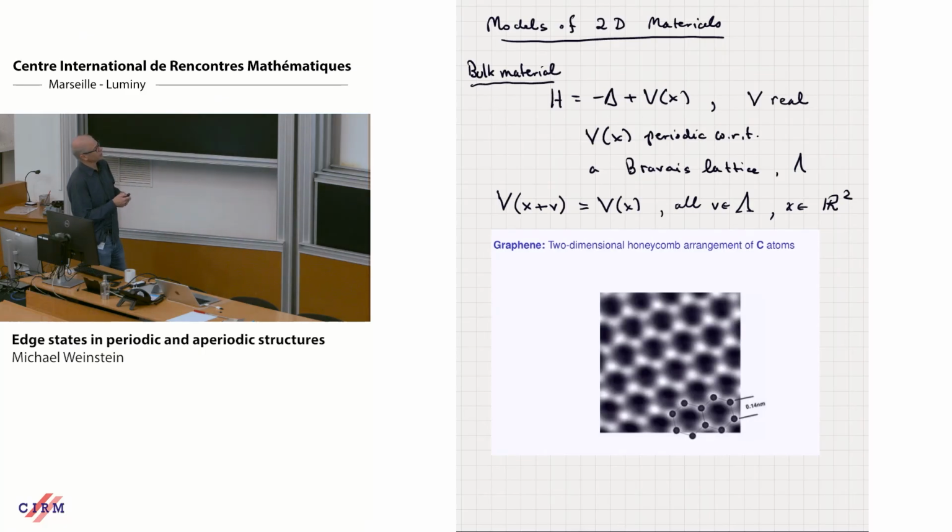So we have minus Laplacian plus V of x. V is a real-valued function, and V is going to be periodic with respect to some Bravais lattice lambda, like that. And sort of the motivating example is really the wonderful properties of graphene, shown here as a honeycomb arrangement of carbon atoms that extends to the macro scale.